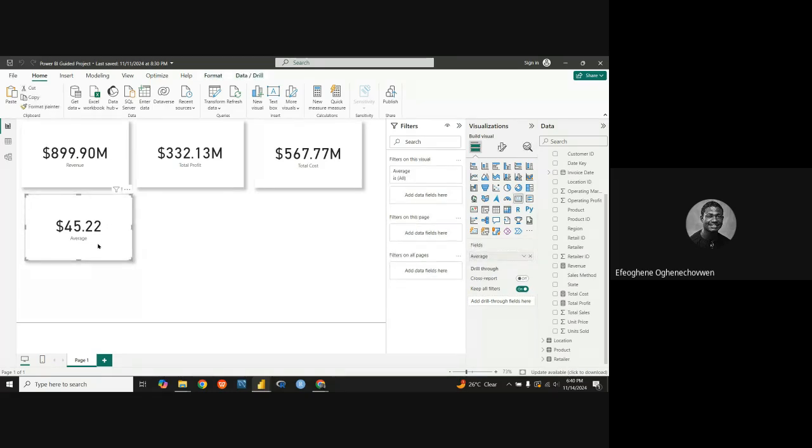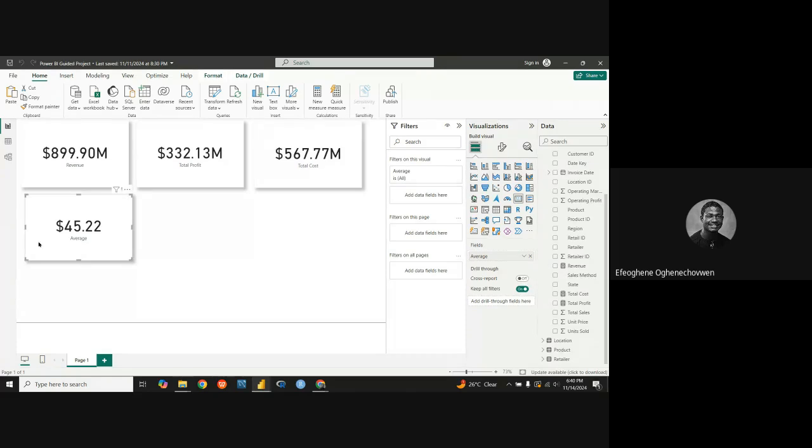So this is average price now, $45.22. What it means is that this is representing the middle or typical value of a group of numbers. The group of numbers is all the unit prices, so it gives us the idea of what the normal is.